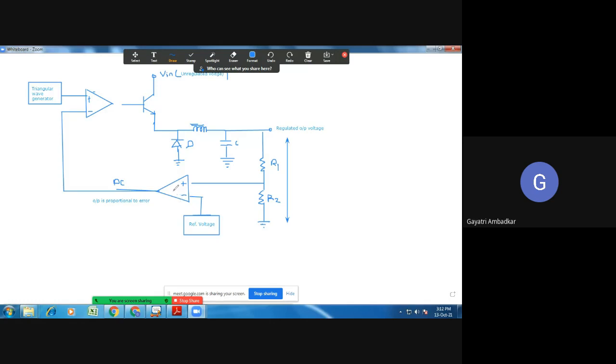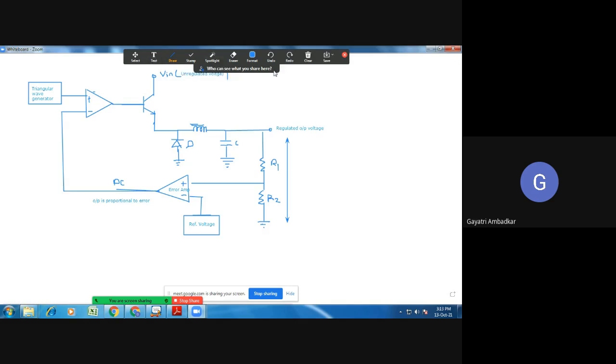So this is your error amplifier. Yeah. So this is the thing.